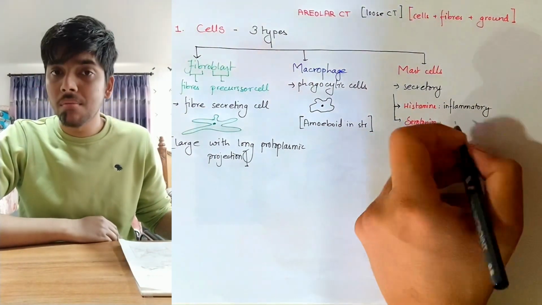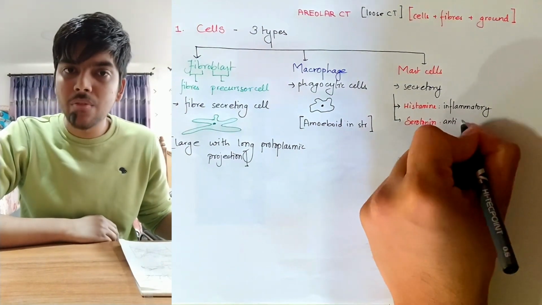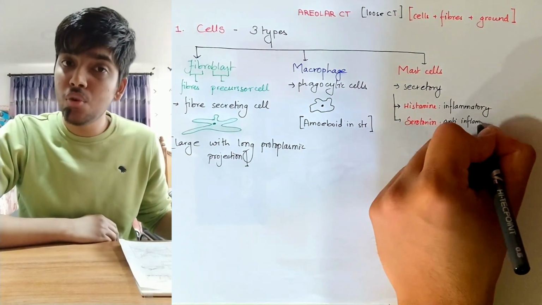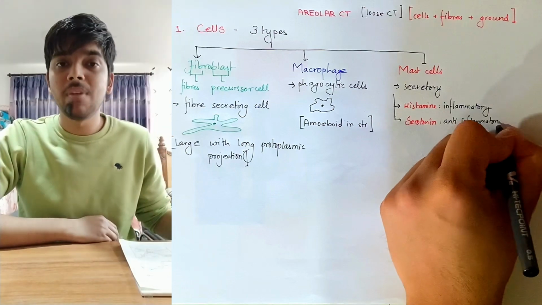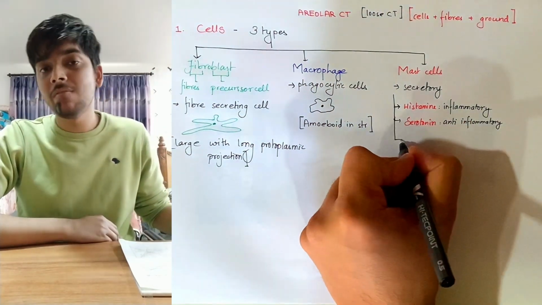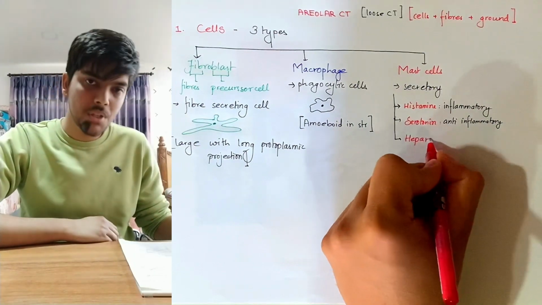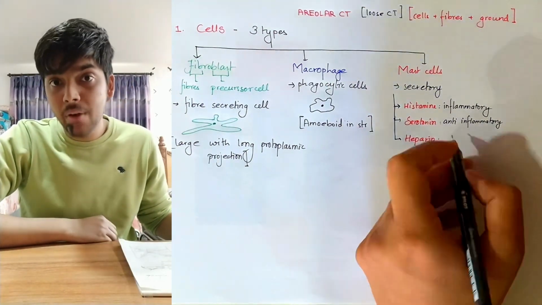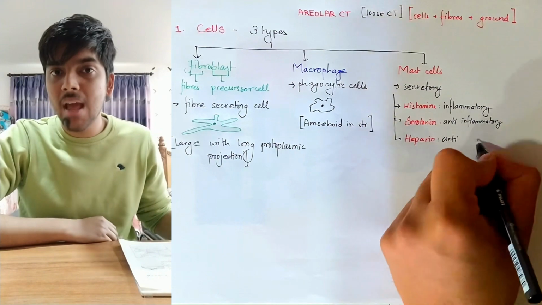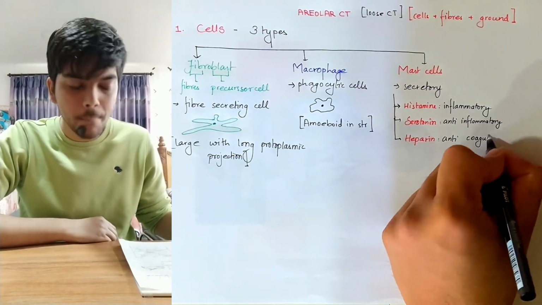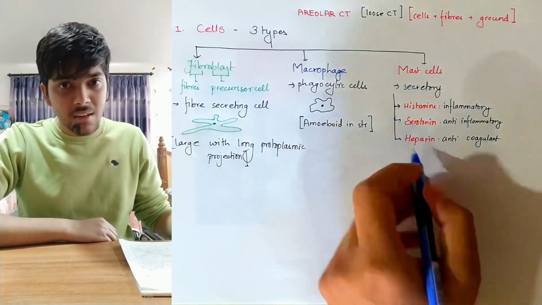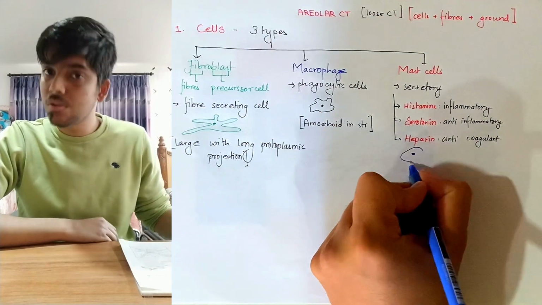Second, serotonin, which is anti-inflammatory and is antagonistic to histamine. So if histamine supports inflammation, serotonin works against inflammation. And thirdly, heparin, which is anticoagulant and prevents coagulation of blood. It looks like an egg, so it has ovoid structure.